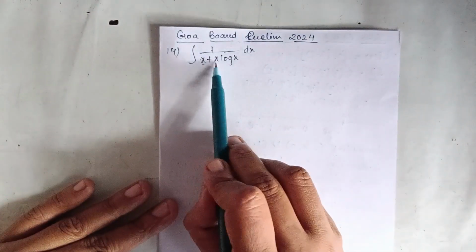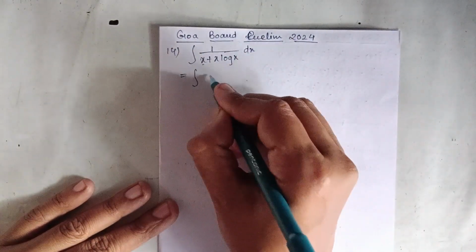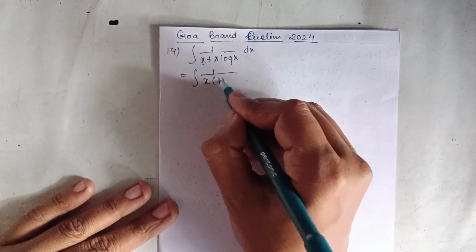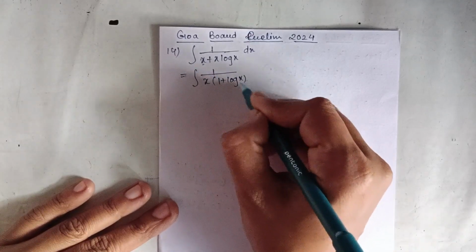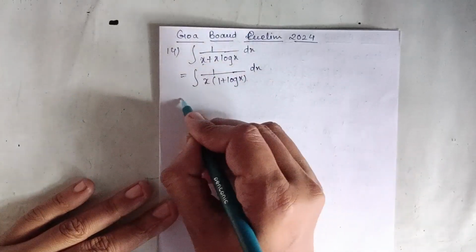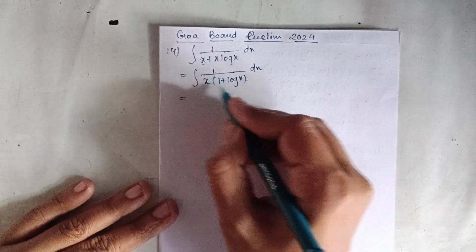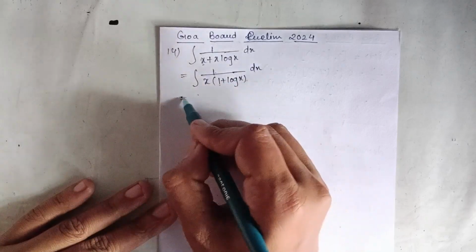So you have to take x common. So here 1 upon x is there and here 1 plus log x is there.